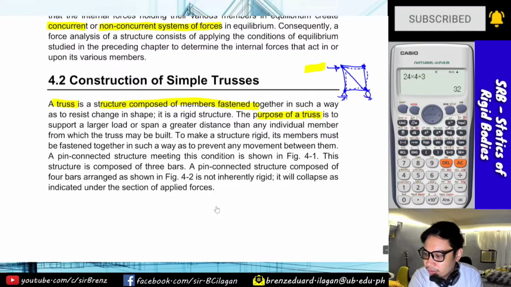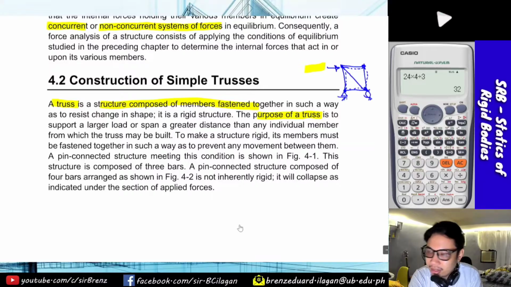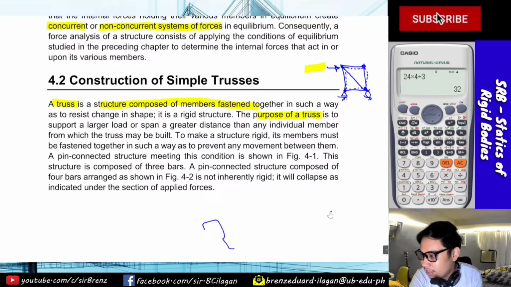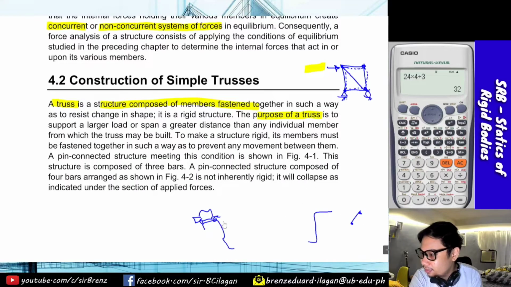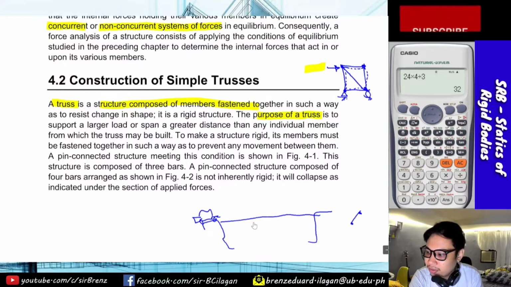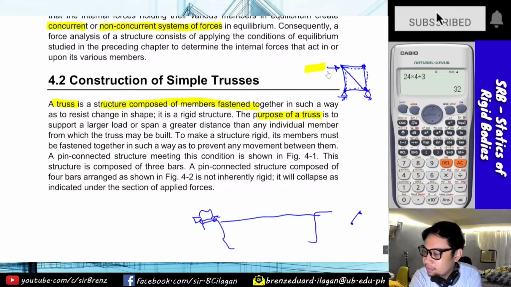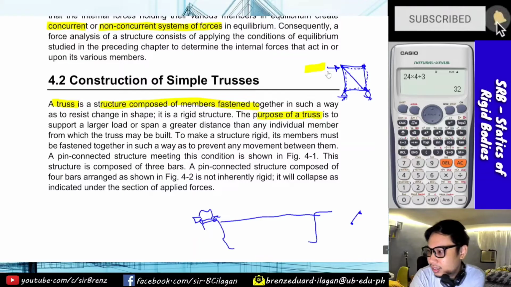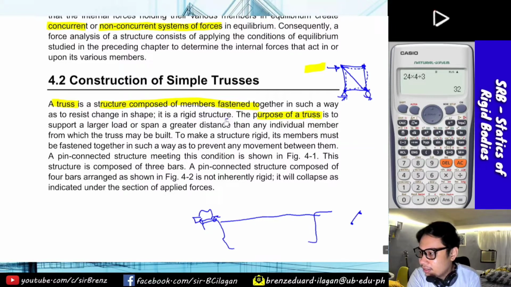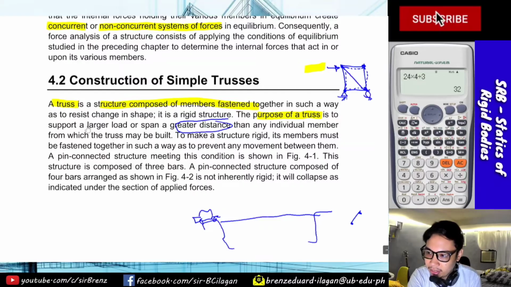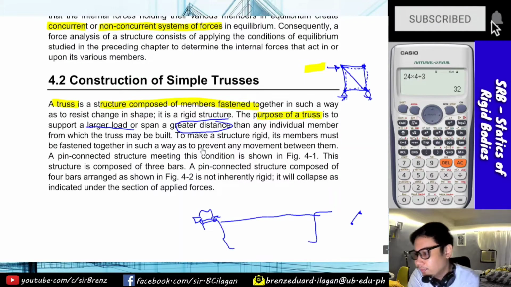Ang concept ng game is, for example, may bangin na ganyan, papadaanin mo yung sasakyan, and meron kang limited amount ng material. So, magdi-design ka rin ng bridge. Di ba yung sa larong yun, ang shape na makikita mo is in the shape of a triangle. Okay, yun yung purpose ng truss, para gumawa siya ng great distance span kung saan larger load yung kaya niyang suportahan.